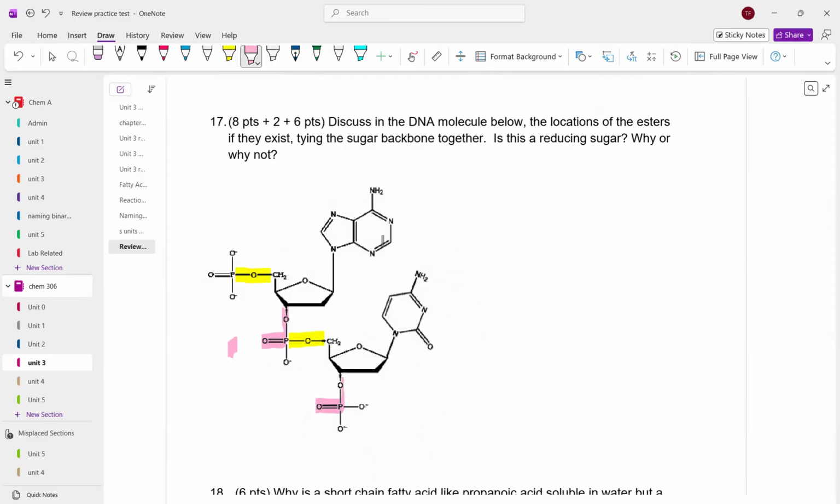And these are the bases. Now this is a deoxyribose. You can also have just plain old ribose sugar. So this is a ribose sugar here.